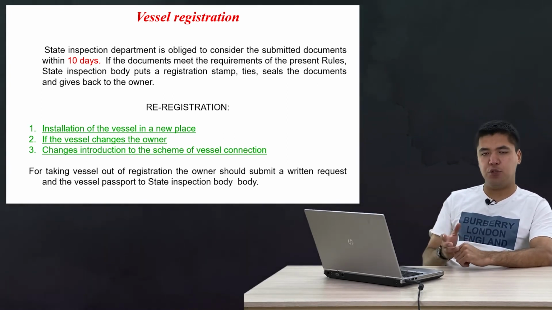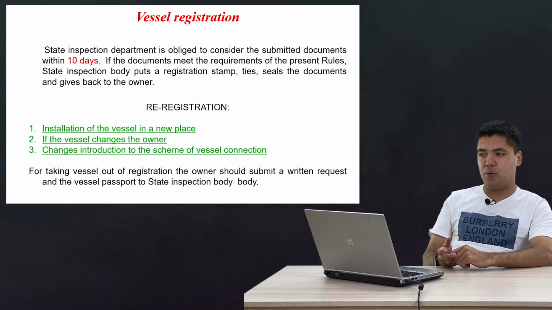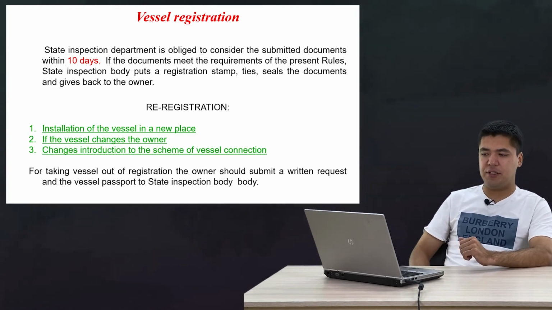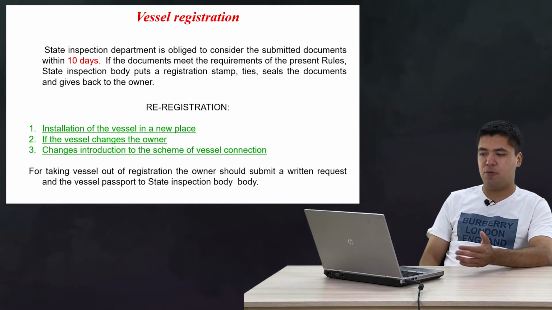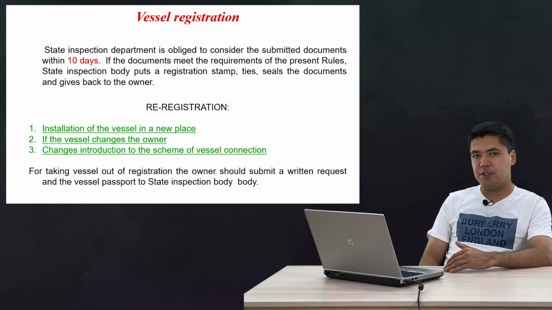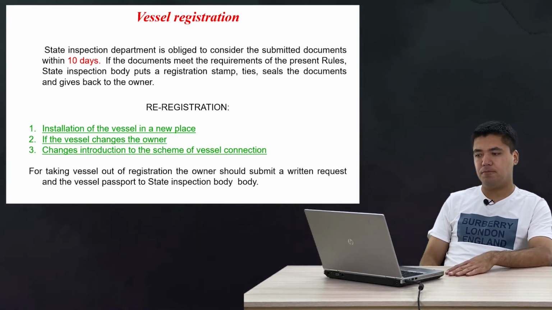Also, we need to know when the registration of pressure vessels is required. Installation of a vessel in a new place, when we need to do a new vessel inspection and registration. If the vessel changes the owner, and changes in the scheme of vessel connection. In these three cases, we need to register our pressure vessels.